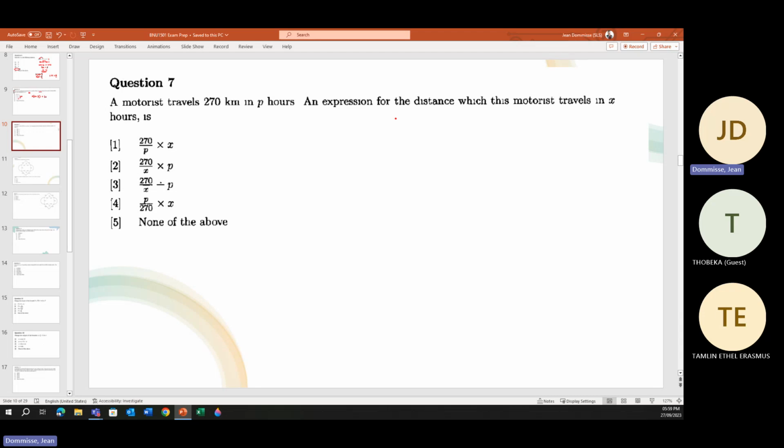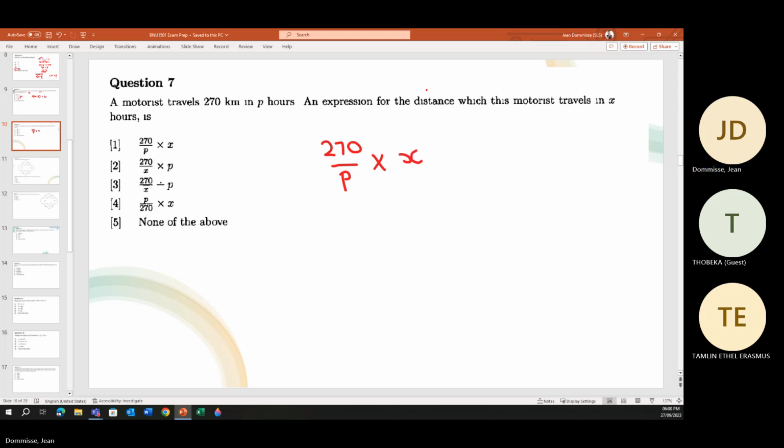So in this instance, they ask you, so a motorist travels at a certain speed, so he travels 200 kilometers in p hours, and then they ask you as an expression for the distance which the motorist travels in x hours, so we will just multiply by x.